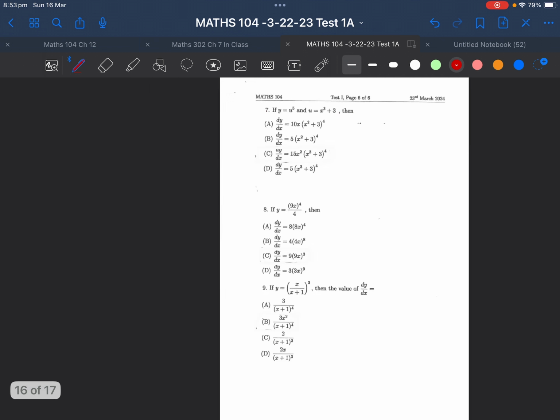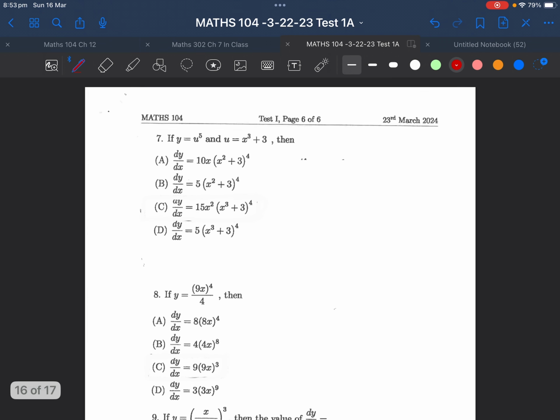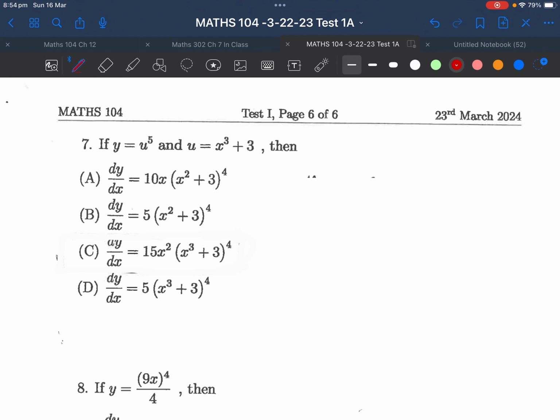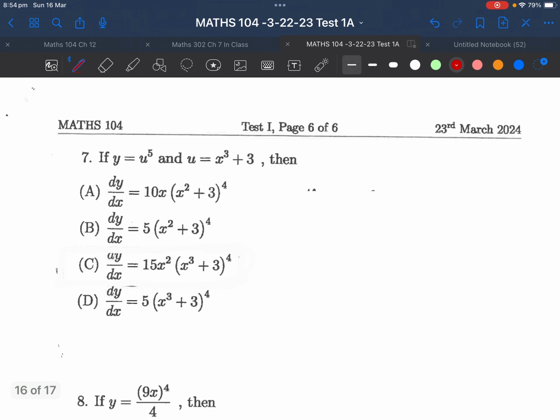Shall we go to the next one? Which is this one. Well, here is a good question. Here I have u, and I have u equal to this one. So let's do this one first. So we have to use the chain rule. The chain rule says you do u, and then you do the power of 5.